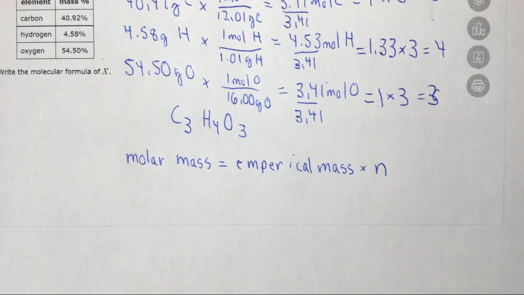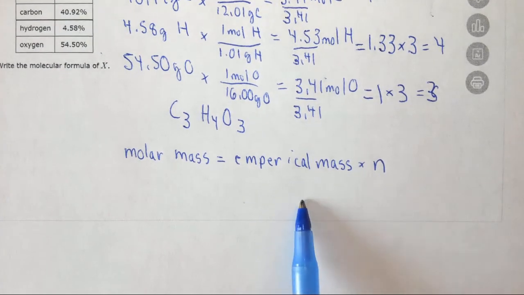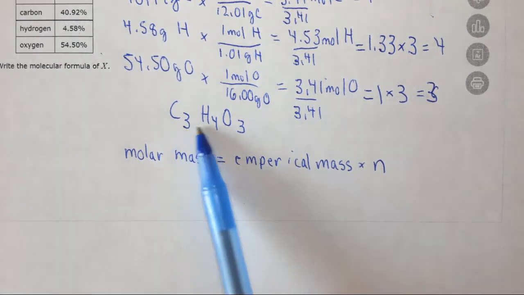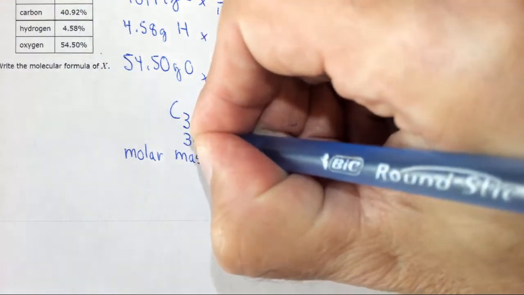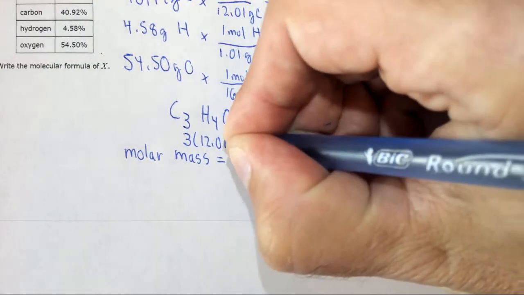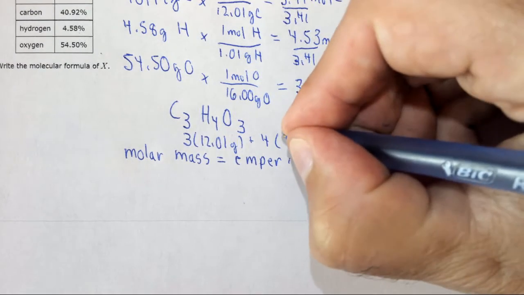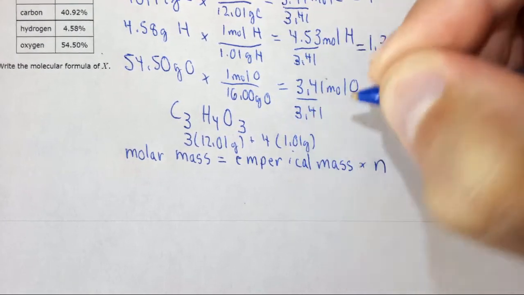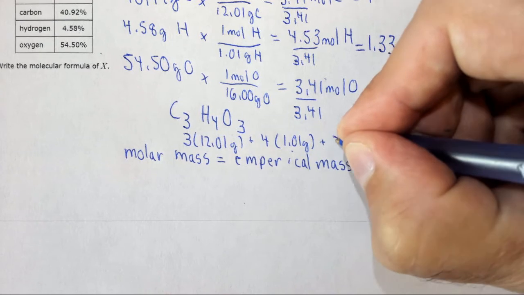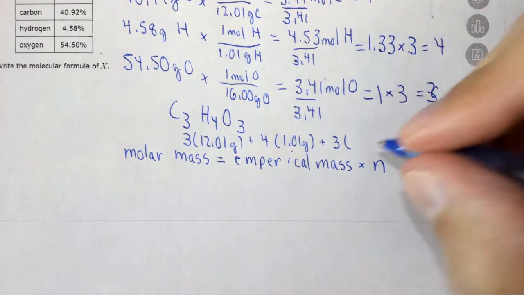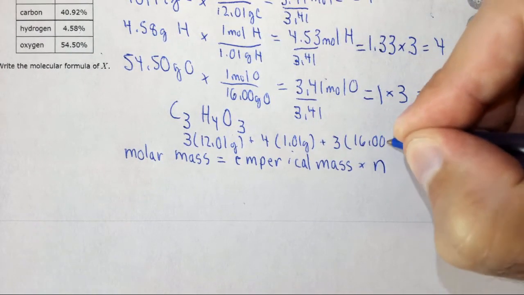So we can now use this equation to find it. So first I need to find the empirical formula mass. So I want to do 3 times 12.01 plus 4 times 1.01. These are all from the periodic table, plus 3, the number of oxygens, times 16.00.